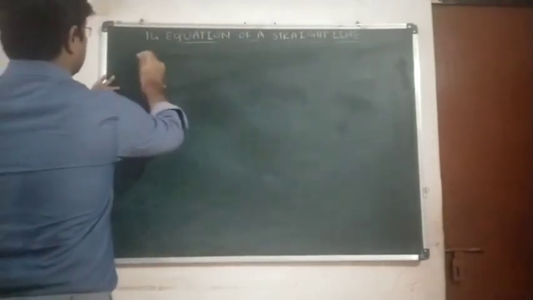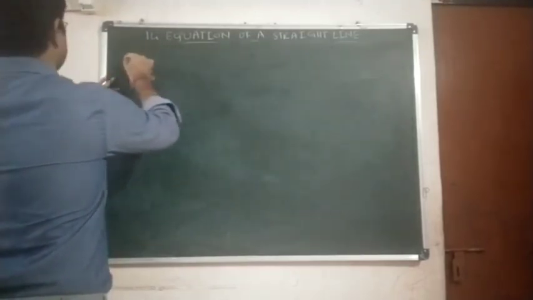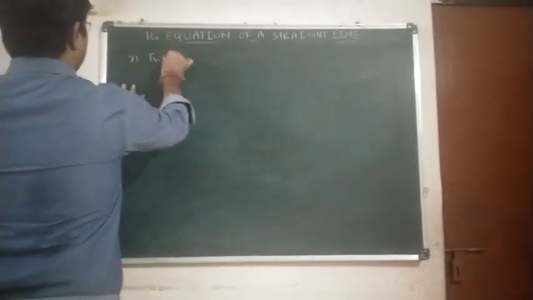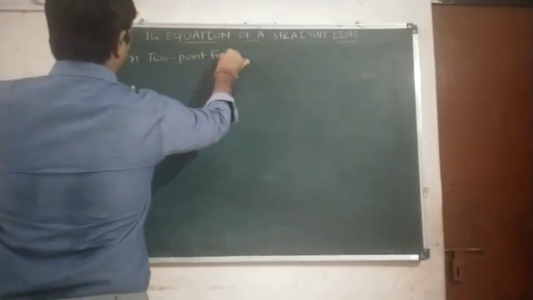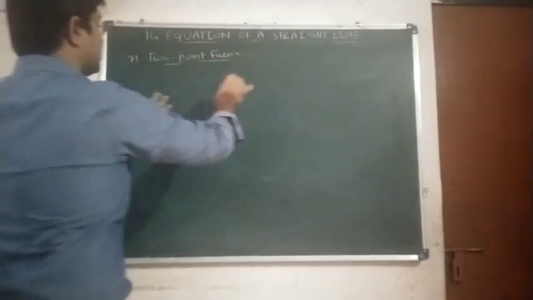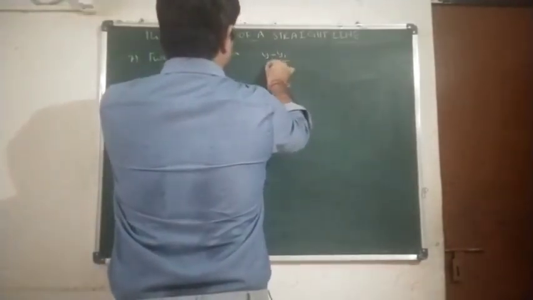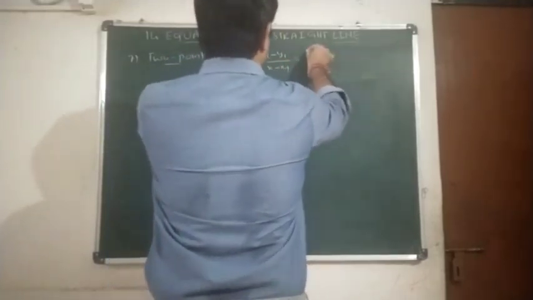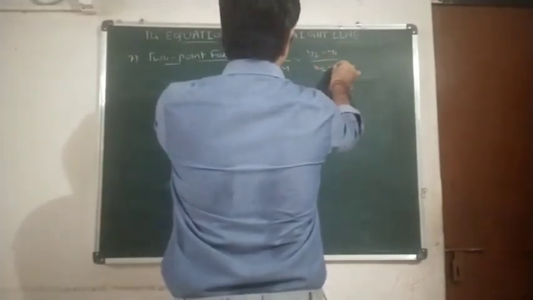Okay, now the 2-point form, another form. Point slope was number 6, now formula number 7, the 2-point form of a line. It is given by y minus y1 upon x minus x1 is equal to y2 minus y1 upon x2 minus x1.